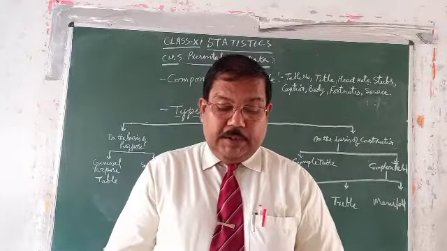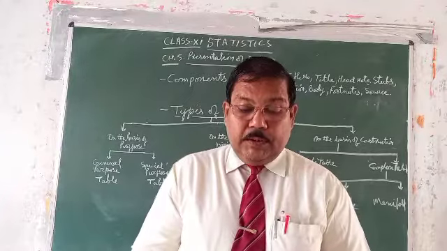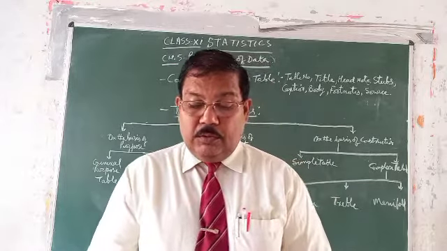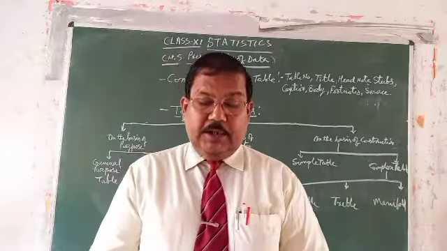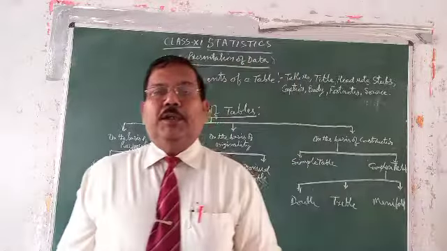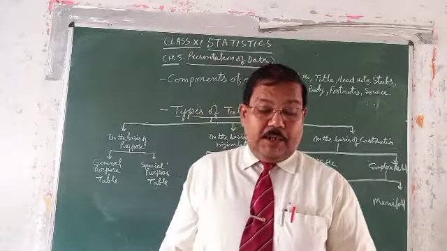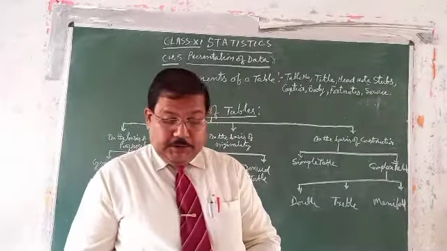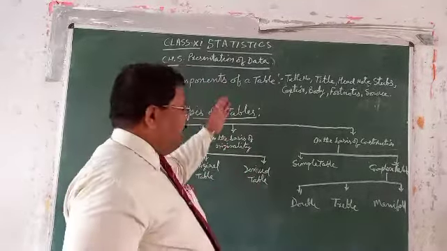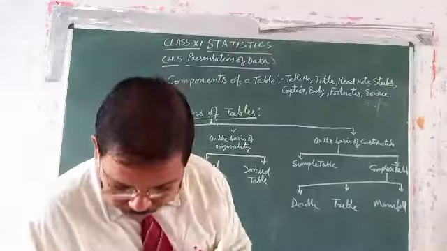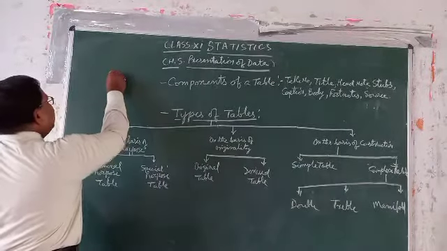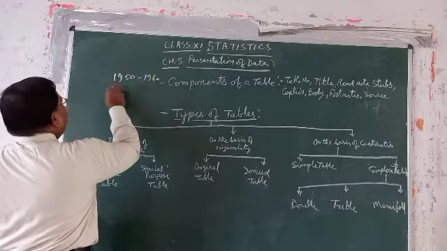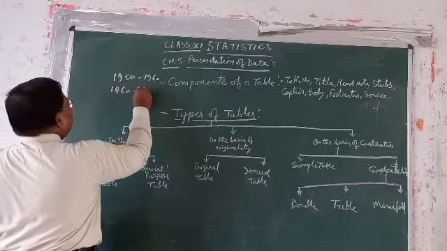And the quantitative classification is done according to characteristics which are quantitative in nature, like 20 to 30, 30 to 40, 40 to 50. Likewise, these are the quantitative classification. And temporal classification is according to time. It may be in years, 1950 to 1960, 1960 to 1970.